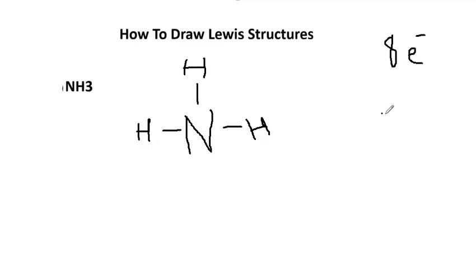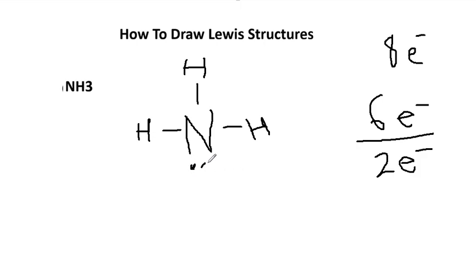So the total amount of electrons for this structure is 6. If you subtract 6 from 8, you're only going to have 2 electrons remaining, which means that this structure is 2 electrons short. In this instance, you're going to use those 2 electrons and add them to the central atom as lone pairs. And this is the complete structure of the ammonia molecule.